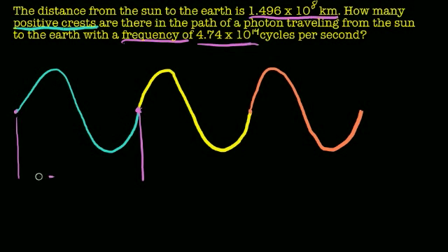So this distance right here is going to be our wavelength. We didn't explicitly get the wavelength, but we got the frequency, and if we know frequency, we can definitely get wavelength out of this information.